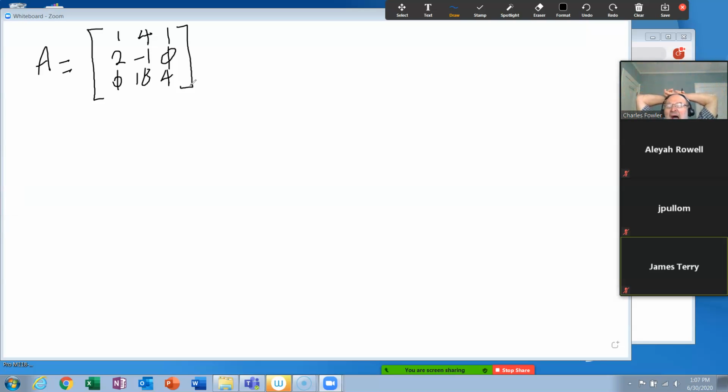All right. Does anything pop out at you right at the beginning? I don't see any 2 rows being multiples of each other, nor do I see any 2 columns being multiples of each other. But would a row reduction make a difference?